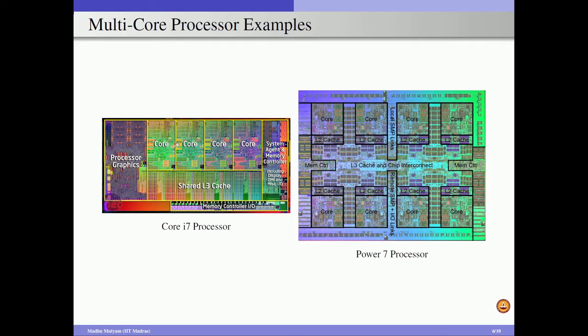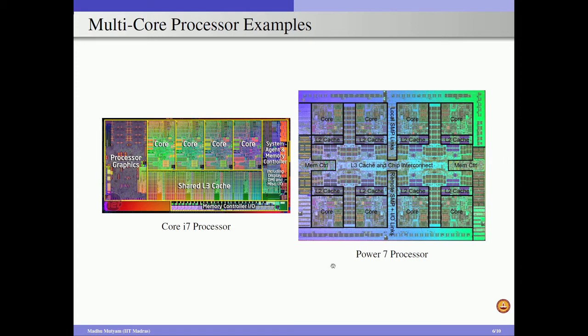In order to handle graphics related things, this processor also has a separate component, the processor graphics, which takes care of processing all the graphic applications, and also extra components which support memory controllers and connecting to the other components of the system. So, this whole thing corresponds to a Core i7 processor from Intel.